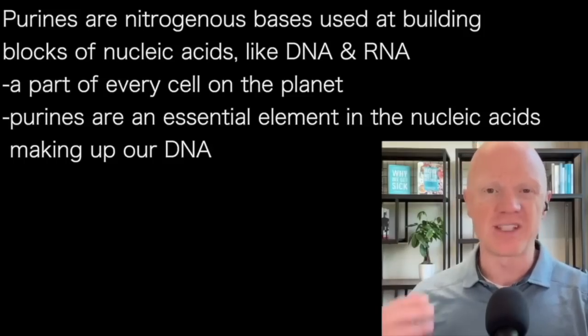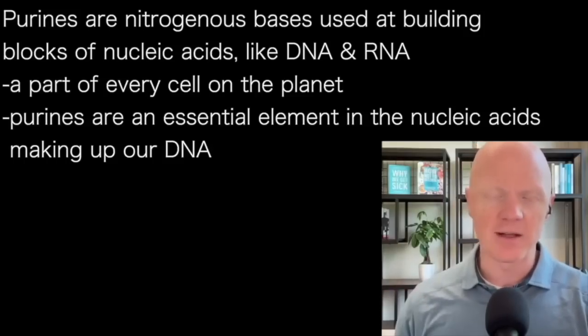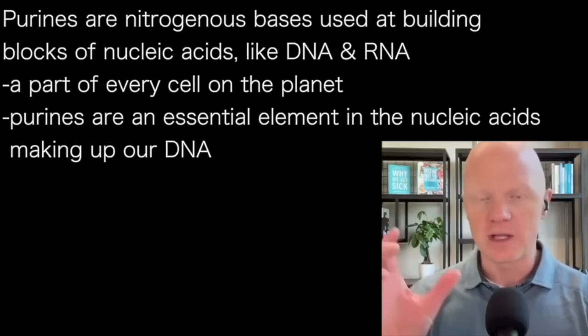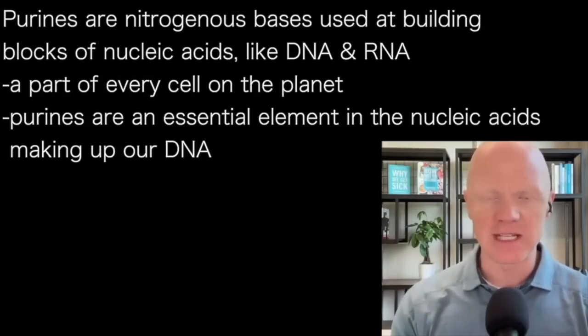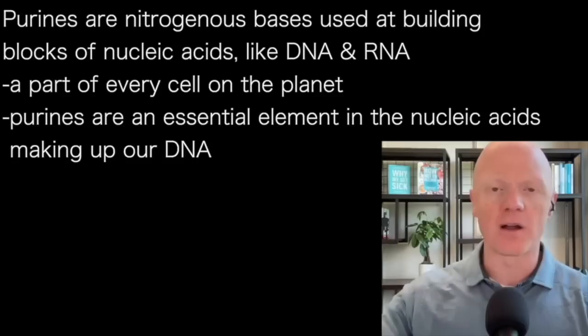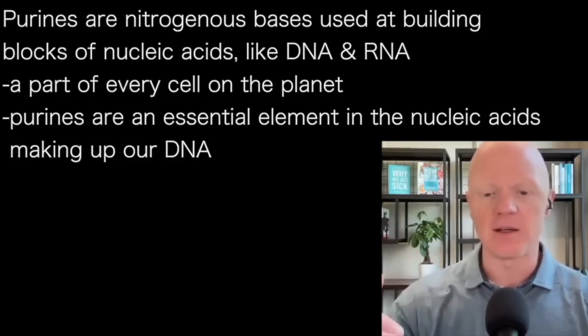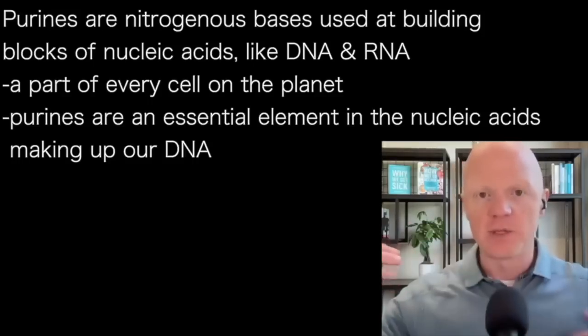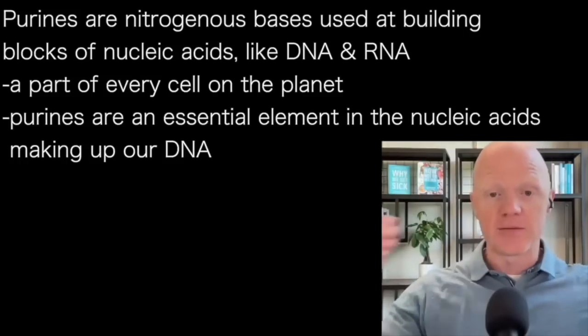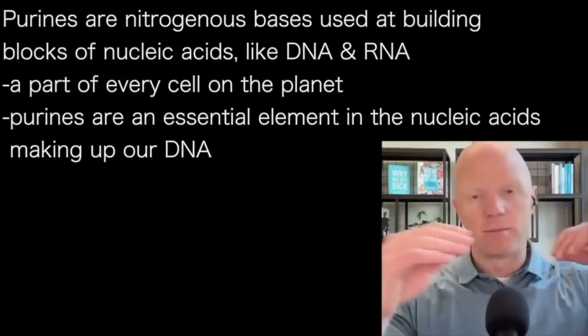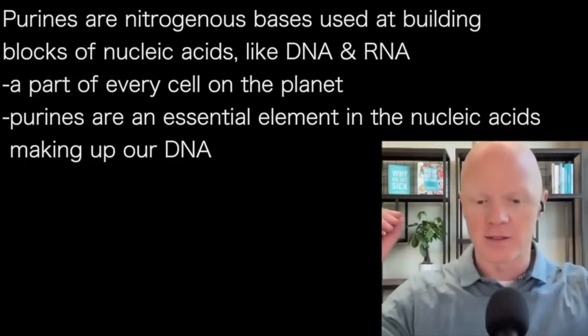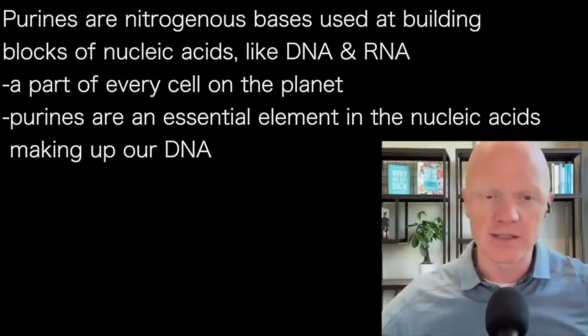When you start to think about the genetics of every cell on the planet, purines are going to be a part of this. So every animal, every plant, the purines are an essential component within the nucleic acids that make up all of our DNA and in the central dogma of cell biology. So the idea of what makes our genetics become our body, that flow of genetic information, boy, the purines and the nucleic acids are just critical to that process.